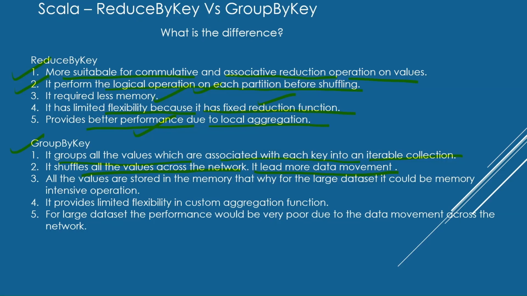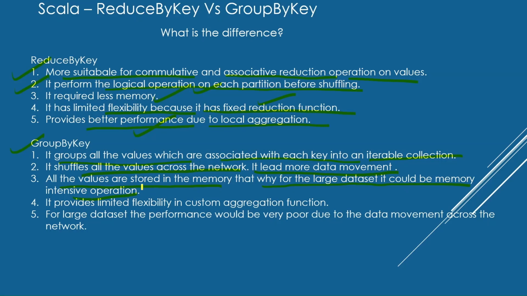If there is more data, we are going to consume more memory, and it leads to more data movement because the data is larger before aggregation. All the values are stored in memory. That's why for a large data set, it could be a memory intensive operation.